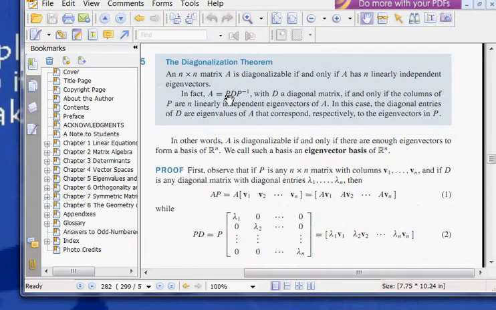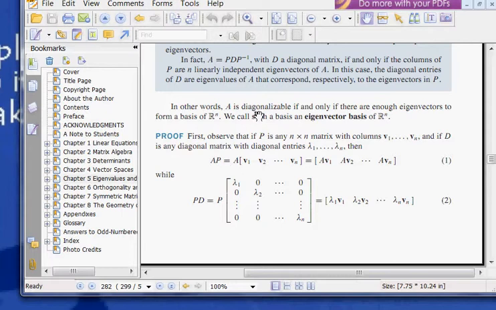Okay. Now that you know the condition whether or not A is diagonalizable, what they're saying right here is A equals P D P inverse with D a diagonal matrix if and only if the columns of P are n linearly independent eigenvectors of A. Okay, so P is n linearly independent eigenvectors of A, and D are eigenvalues of A that correspond respectively to the eigenvectors in P. Okay, I hope you get that.